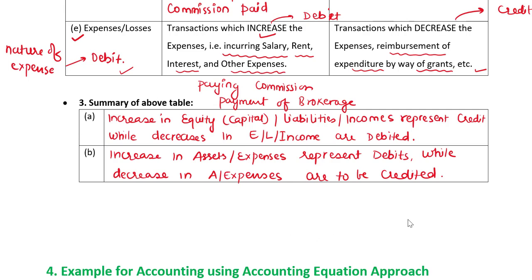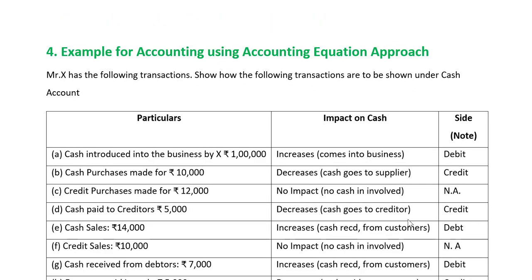Students, let's see point number 4, and that talks about examples of accounting using accounting equations approach. I believe all of you must have understood the accounting equation approach, that is assets equal to liabilities plus capital.